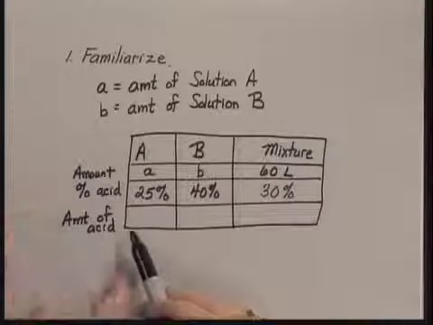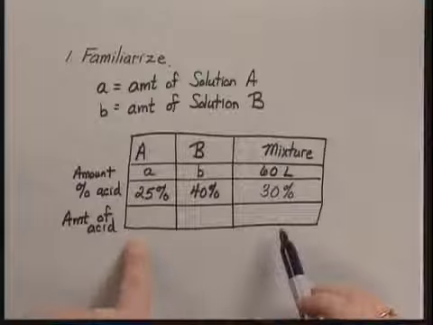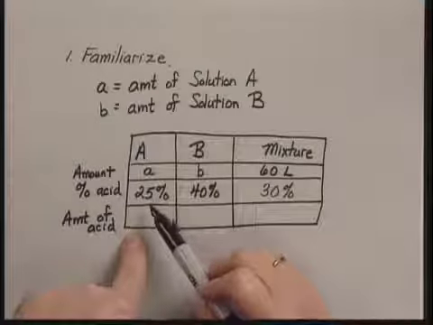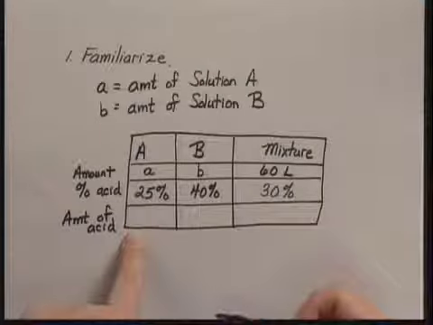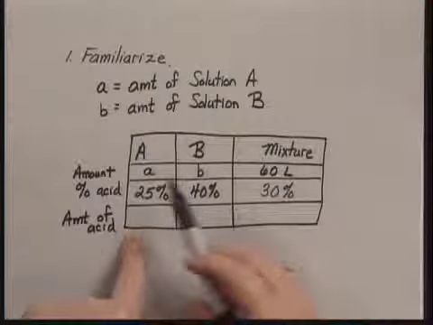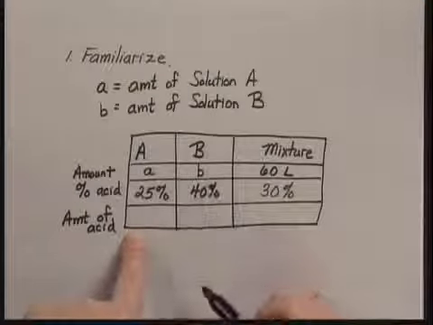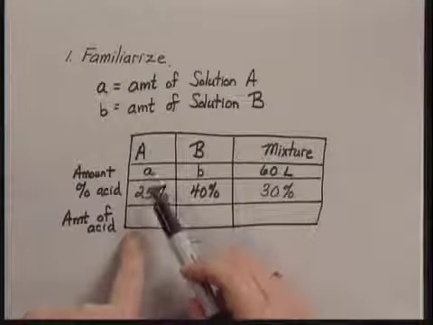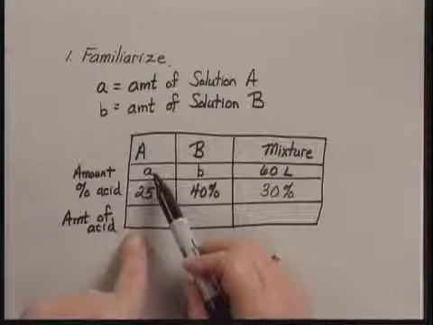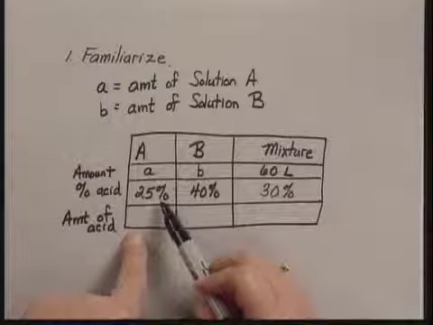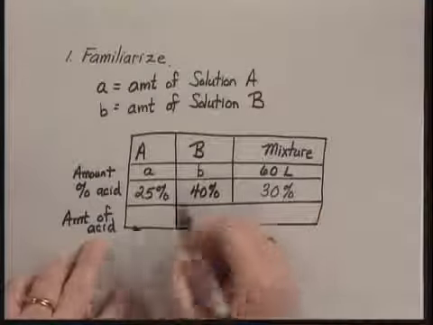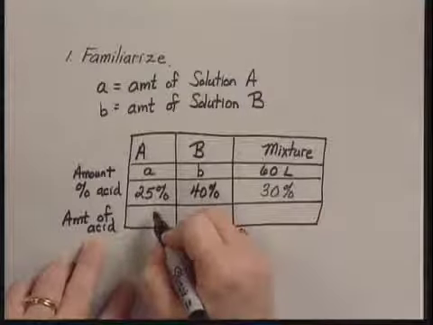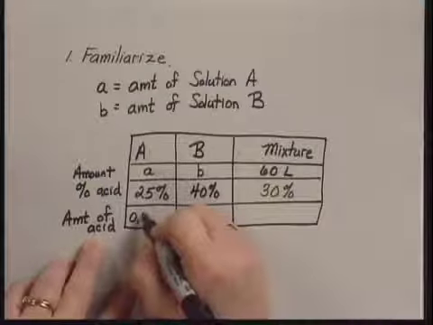Now, how about this bottom row, the amount of acid? Well, I'm going to have to use A and B. Can't introduce any other variables here because I'm only going to have enough information to solve for two variables. But if I have A liters of a solution and 25% of it is acid, then the amount of acid is 25% of A, or 0.25A.